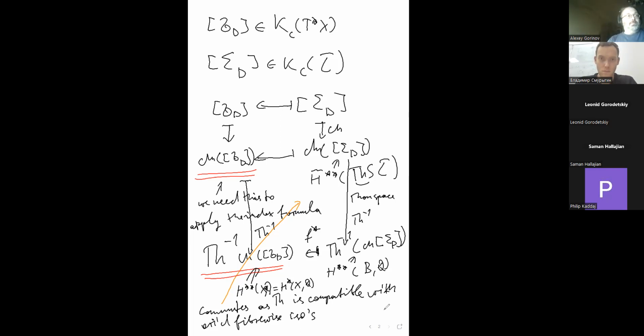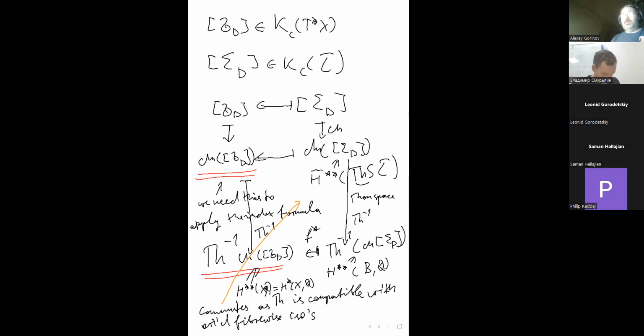Anyway, the element Thom to the -1 of this is actually easy to calculate, and this is basically what we do in questions 8, 9, and 10.